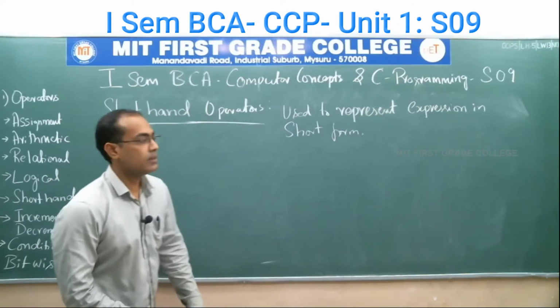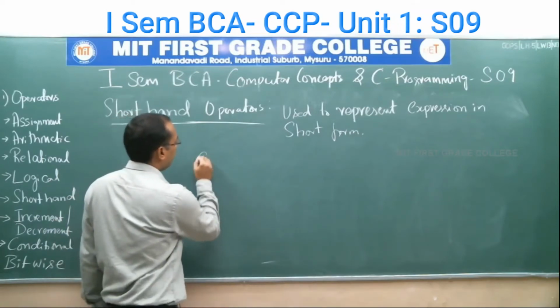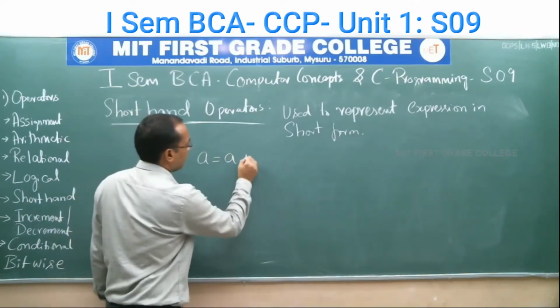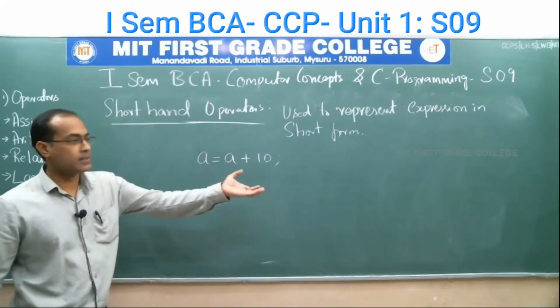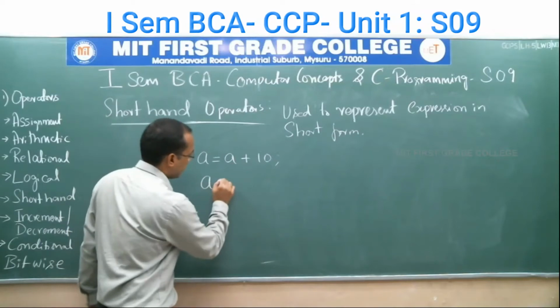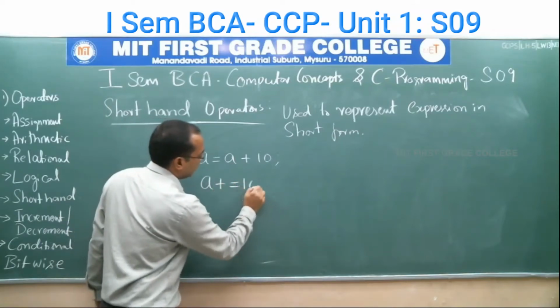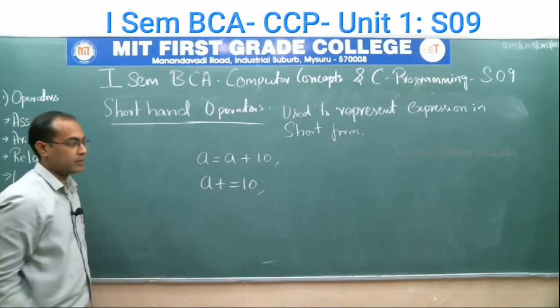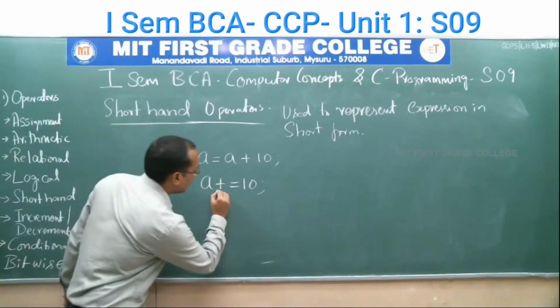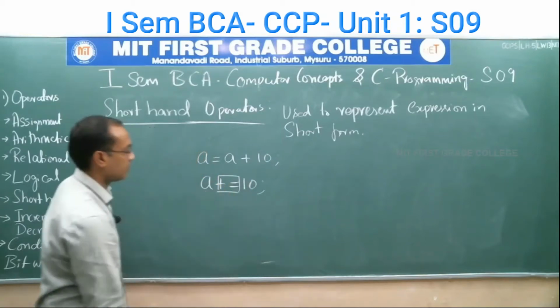What does it mean? Suppose I say A is equal to A plus 10. Instead of writing like this, I can also say A plus equal to 10, which is the same as the full form of this expression. So the shorthand representation is this.